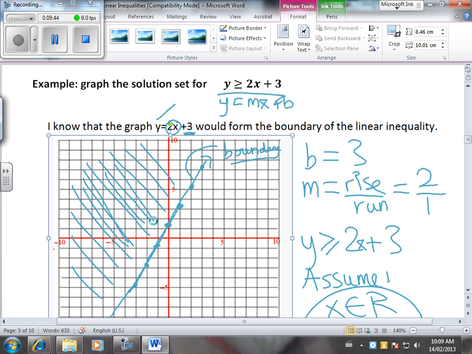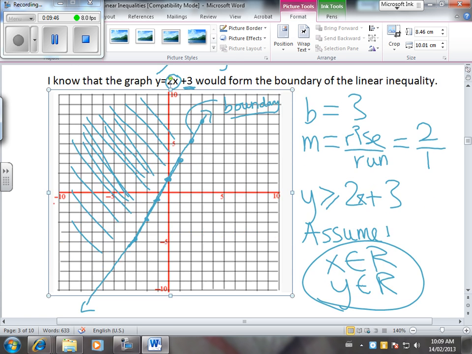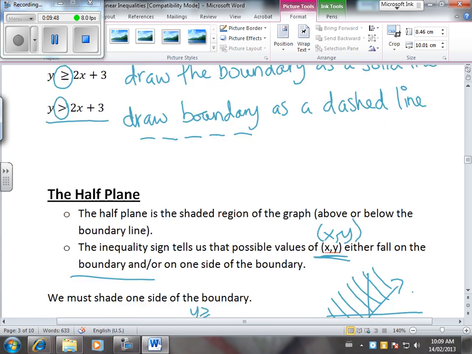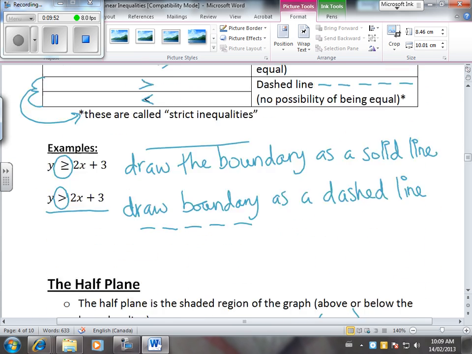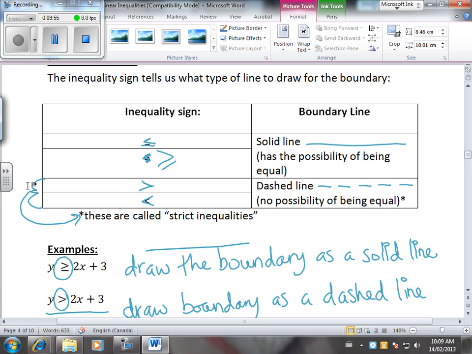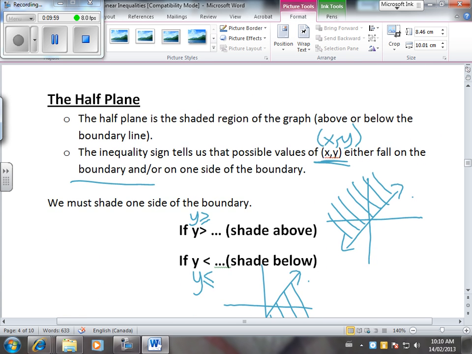And that's what we did. So for the boundary, again, the inequality sign tells us what to do. Is it solid or is it dashed? And the inequality sign also tells us where to shade. So where is our half plane? You'll notice it's called a half plane, so you'll only ever shade half of the graph.